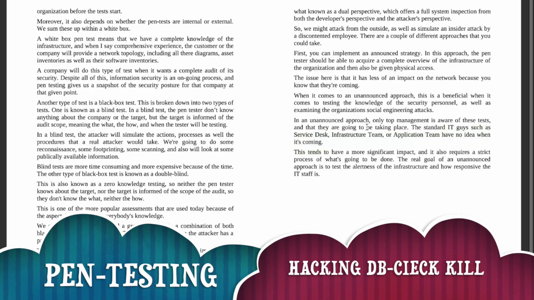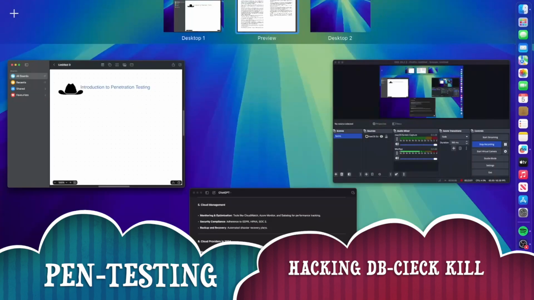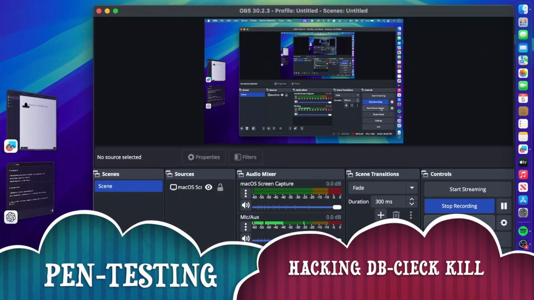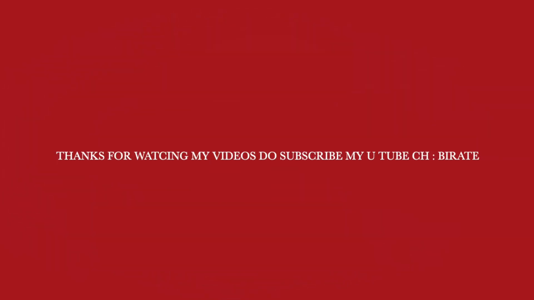The standard IT guys, such as the service desk, infrastructure team or application team, have no idea when it's coming. This tends to have a more significant impact, and it also requires a strict process of what's going to be done. The real goal of an unannounced approach is to test the alertness of the infrastructure and how responsive the IT staff is.